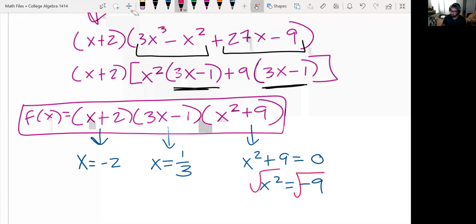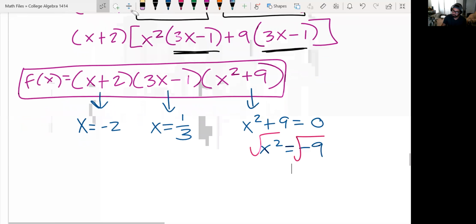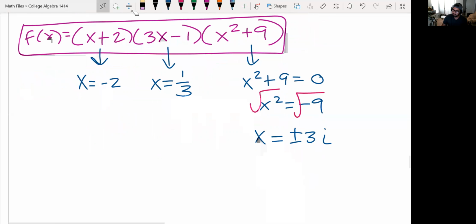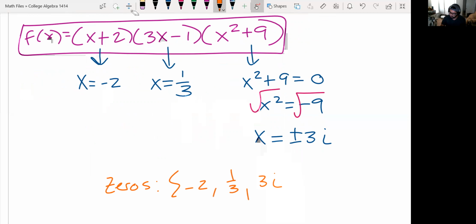Square root. And x equals the square root of -9, which is plus or minus 3i. And there it is. If my MyMathLab wants its answer for the zeros, you'll have -2, 1/3, positive 3i, and negative 3i. There we go.